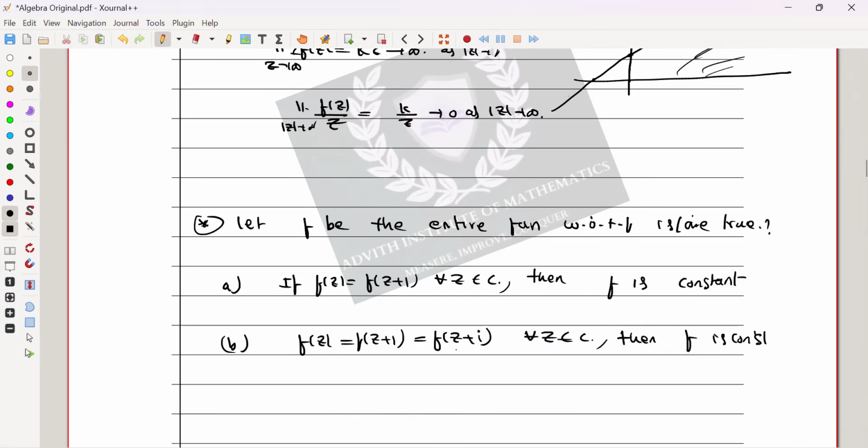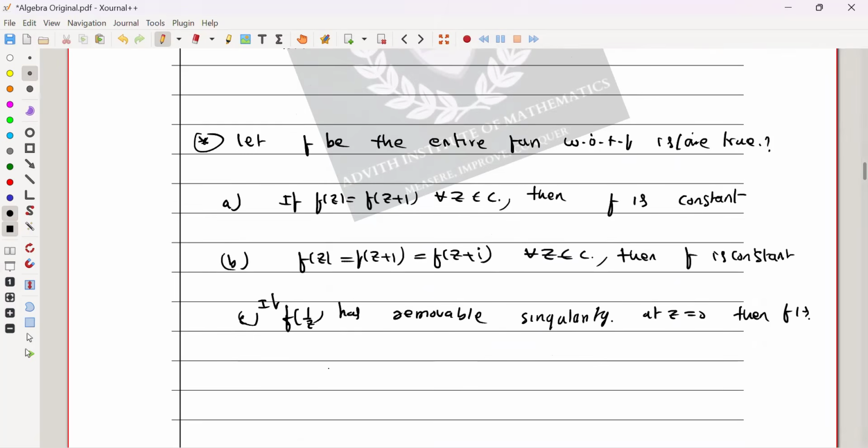Option C, if f of 1 by z has a removable singularity at z equal to 0, then f is constant.